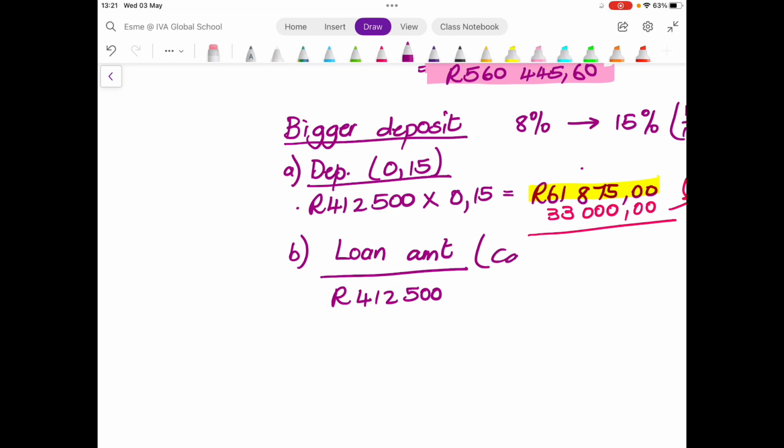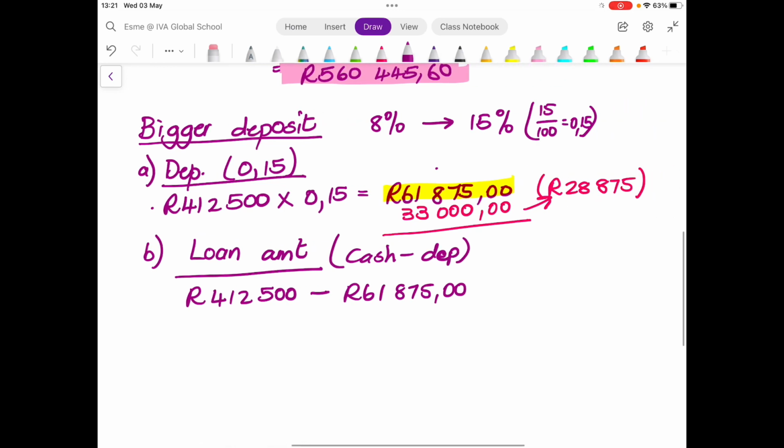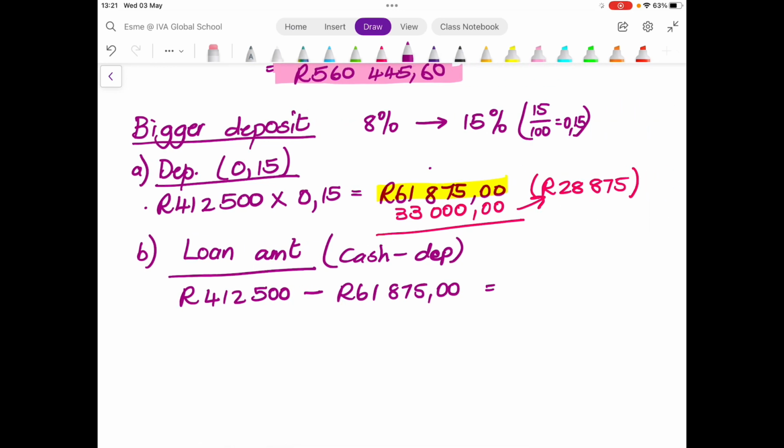Okay, it's the cash price minus the deposit. So minus 61,875. And that will equal, so my loan amount is going to be 350,625, which is 28,875 less than what it was in the previous calculation. Right, so let's carry on from there. That is the loan amount.